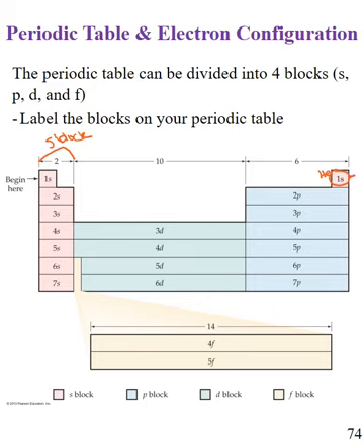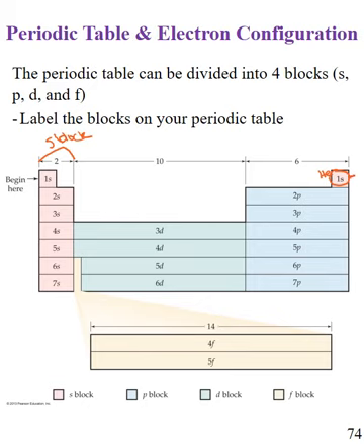Now let's look at the P block. Okay, the P block is going to be found over here. So that is going to be groups 3A through 8A. That's your P block. You need to write this on your own periodic table.